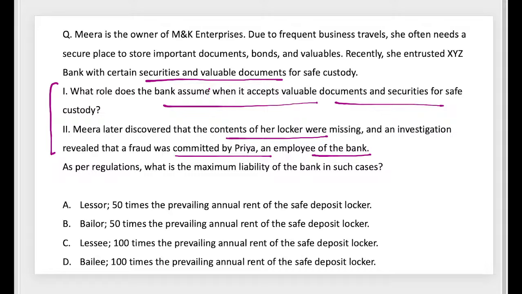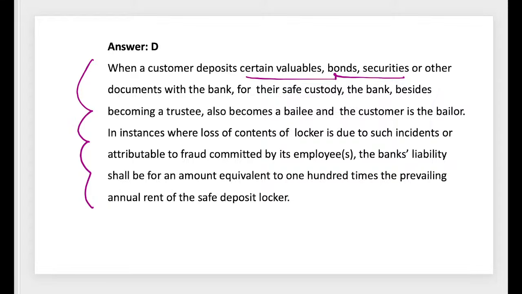So the relationship is, first of all, bailee and bailor, and when it comes to compensation, it will be 100 times the prevailing annual rent of the safe locker also. Yes, option D will be the right answer for this particular question. Very good, guys. Very good.